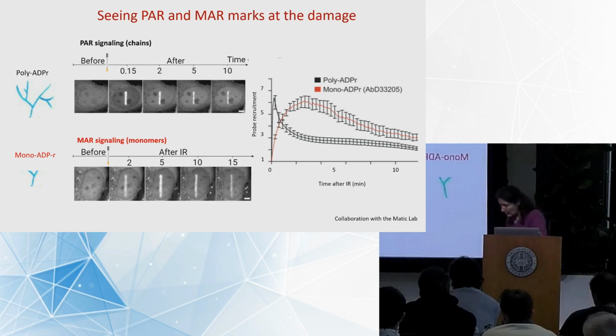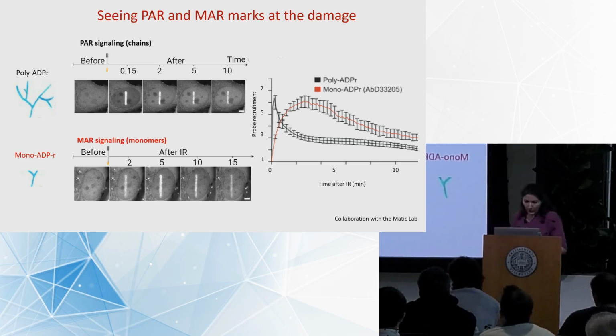And they have done this using specific antibodies against poly-ADPR and then against mono-ADPR. They show that the kinetics is quite different between deparylation and demarylation. So we call this one MAR marks.